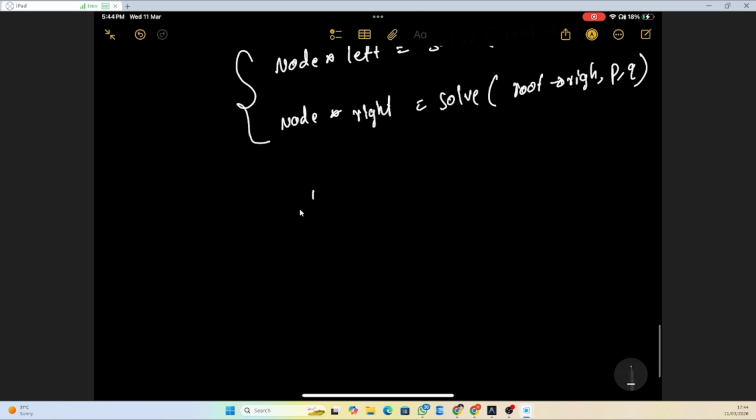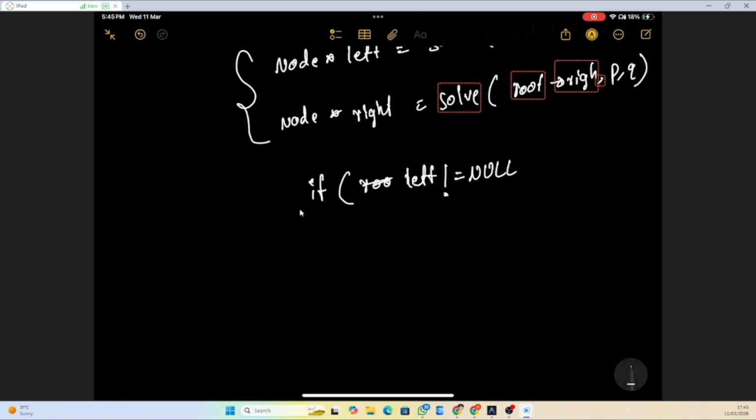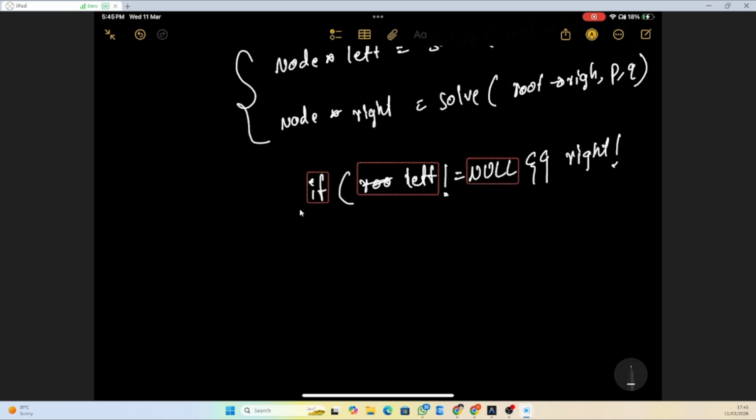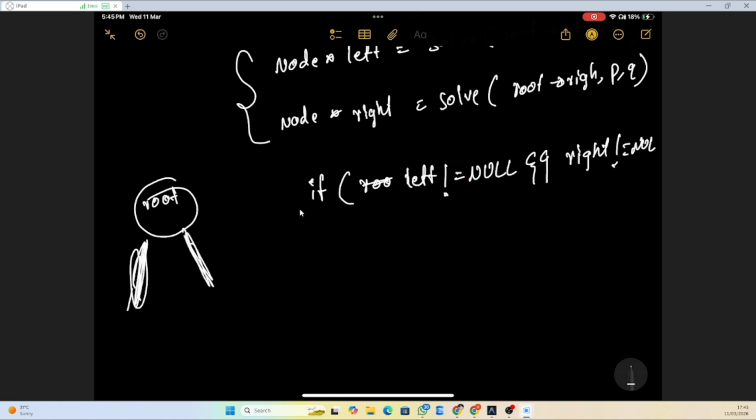So if left does not equal null and right also does not equal null, it means this is a root, you traversed here, you got some left value, got some right value.